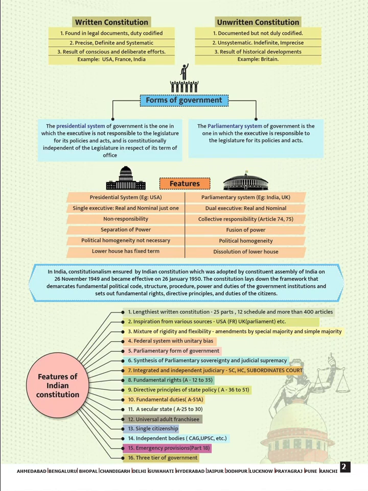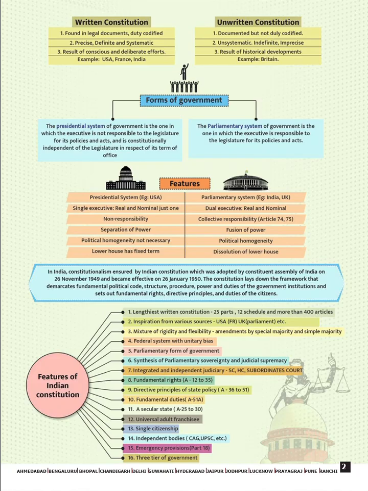What are the features of the presidential system and the parliamentary system? First of all, what is the difference? Presidential system, the example is the USA, and parliamentary system, the example is India, UK. Okay, so in the presidential system, single executive, real and nominal, just one. In parliamentary system, dual executive, real and nominal. In presidential system, non-responsibility.